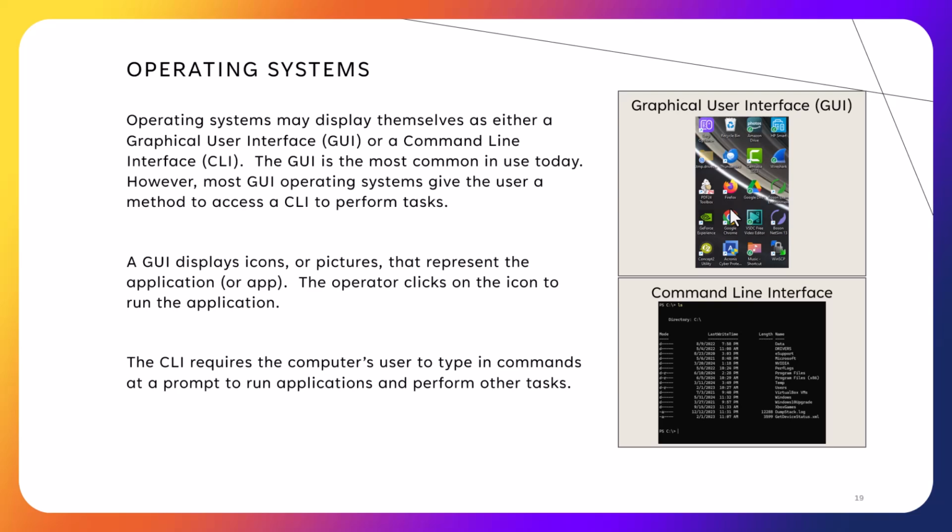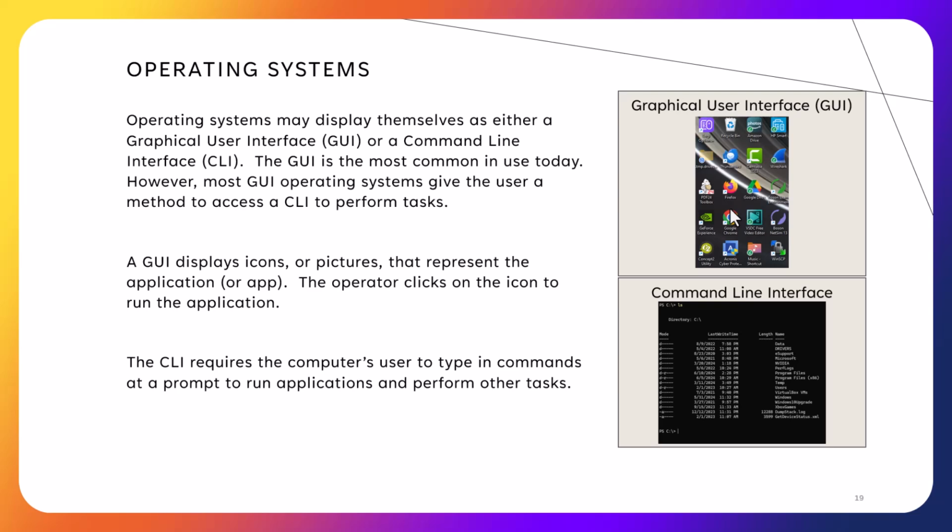If you look off to the right here, we can double click on those, and we see what's happening based on pictures. At the bottom is a command line interface, and this is just a quick list of files in a directory, in this case on the C drive of a computer system.